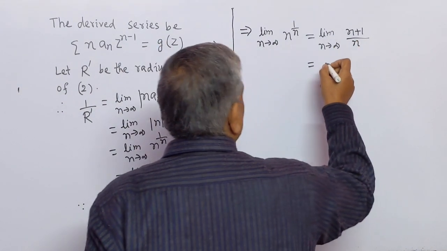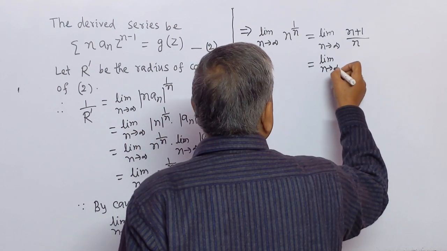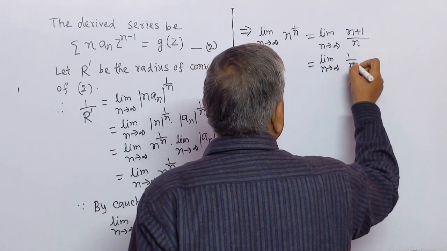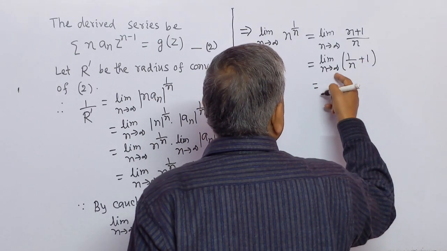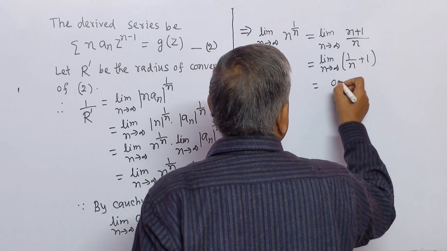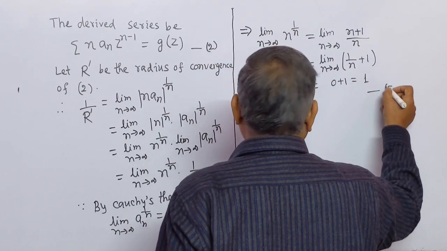This equals limit n tends to infinity (n+1)/n, which is 1 + 1/n. Using the limit n tends to infinity, this will be 0 plus 1 equal to 1. Let this be number 5.